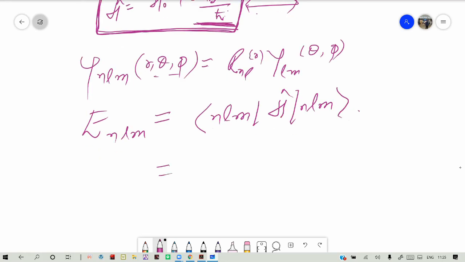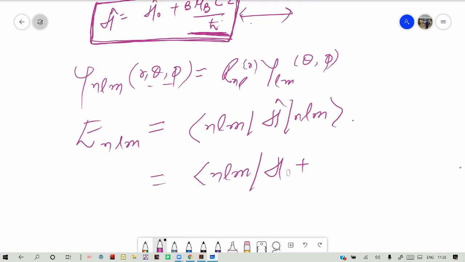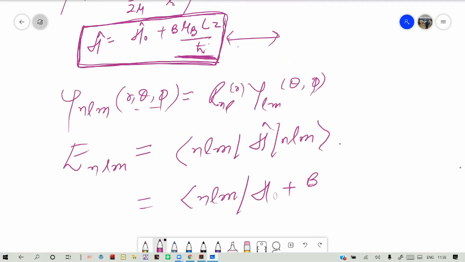I can write it as, taking the present condition... is it okay?